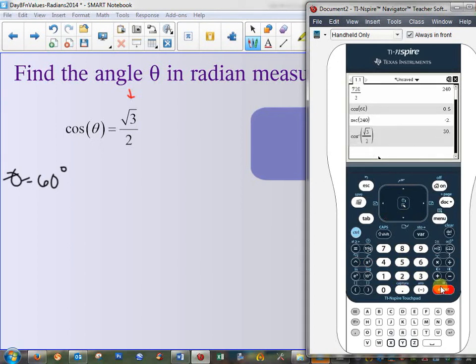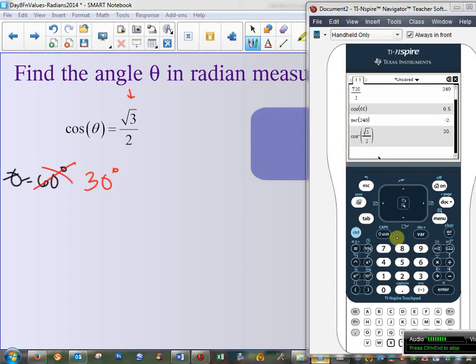And what I get there is 30 degrees. Well, I'm glad I checked with the calculator, because when I was thinking about my table lookups, I don't have a table here, cosine for 30 degrees is actually square root of 3 over 2, so I pulled the wrong number out of the table. That should have been a 30 degrees.